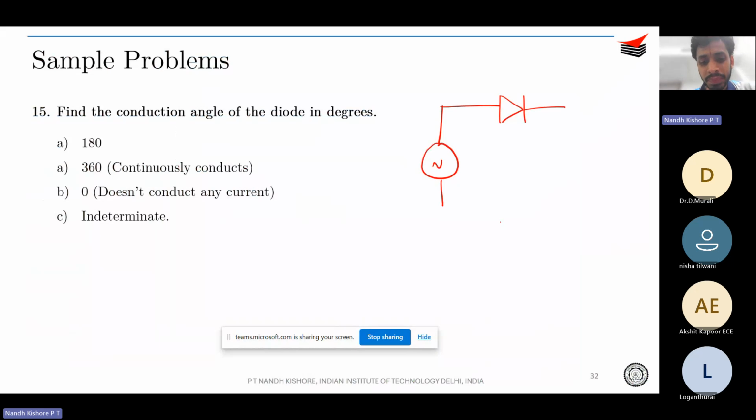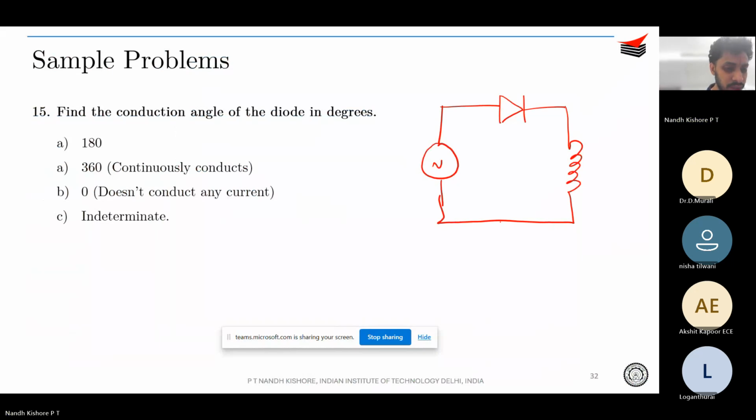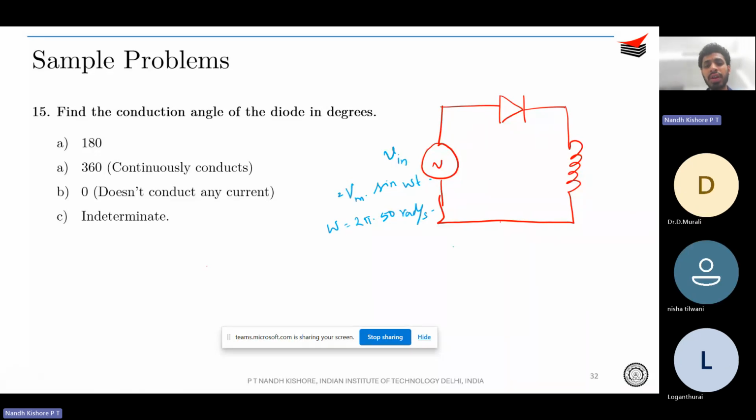This is your diode, and this is some inductor L. V in is equal to Vm sine omega t, and it is given that omega is equal to 2 pi into 50 radian per second. So this is your Vin.